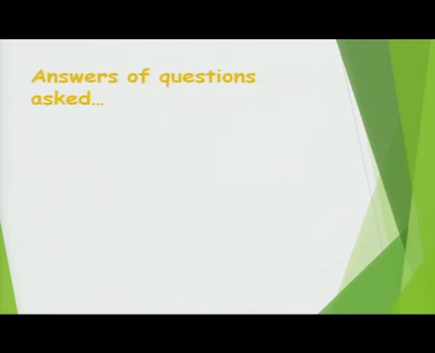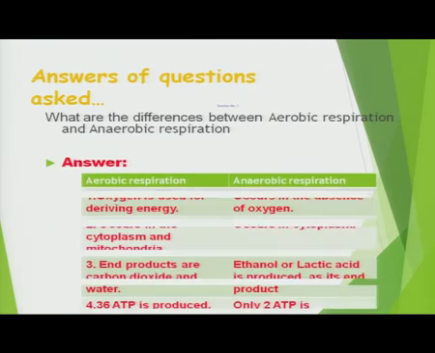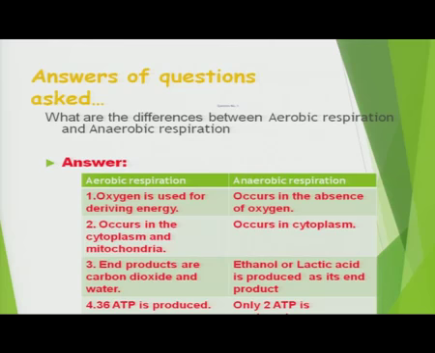Now, my next question was, what are the differences between aerobic and anaerobic respiration? It is the same thing here. Anaerobic respiration is also called fermentation. Aerobic respiration uses oxygen, while anaerobic occurs in the absence of oxygen.